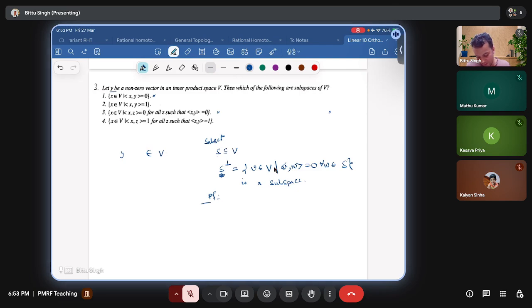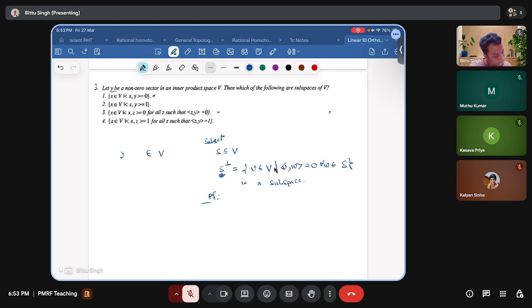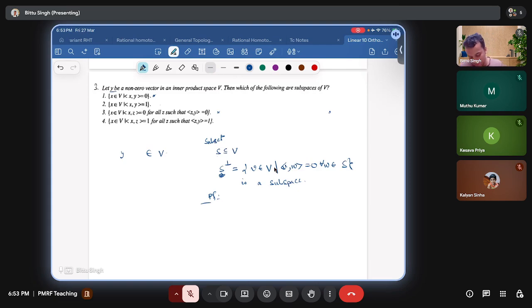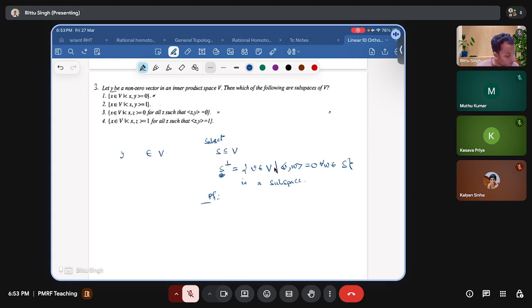Which two properties do you need to use in this case? First is linearity, and second, scalar multiplication, that property. Exactly. So you need to use the linearity property.